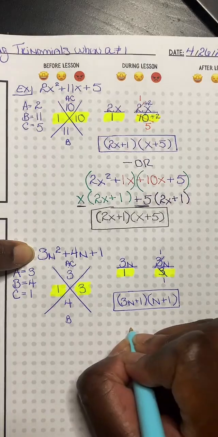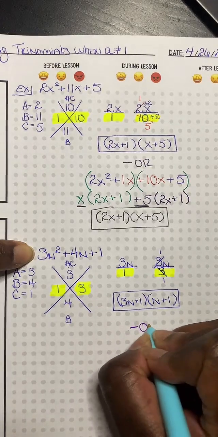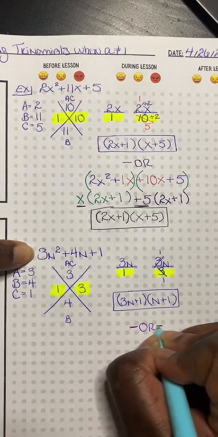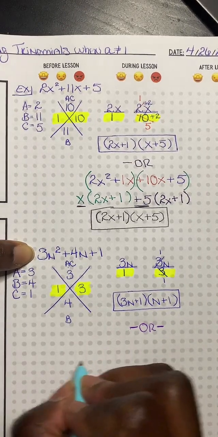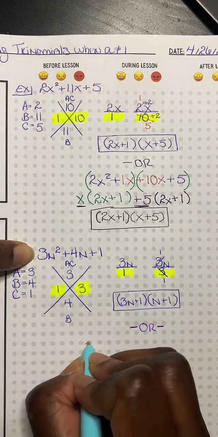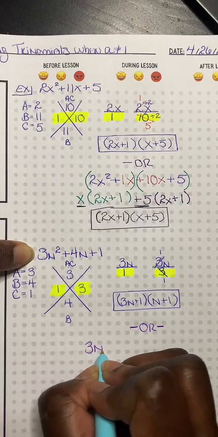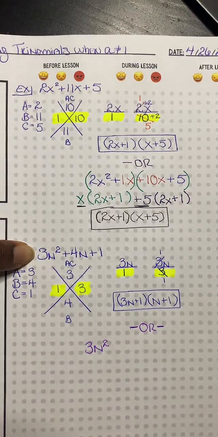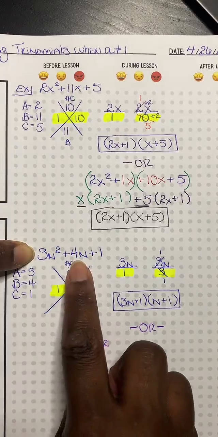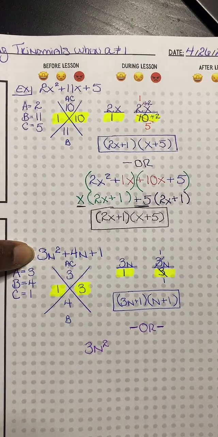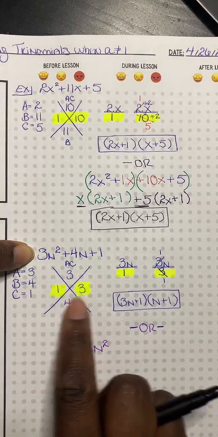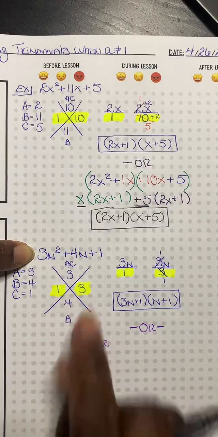I'm going to write the word or. Rewrite the original equation: 3n squared, but instead of the 4n, we replace it with the two factors that we found.